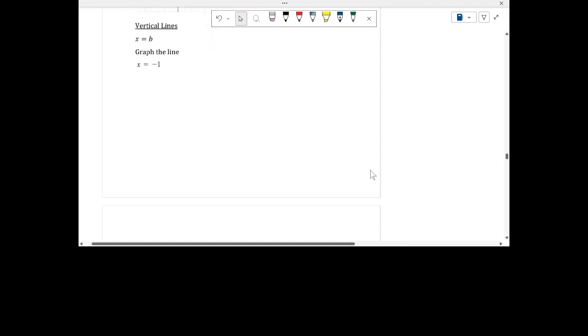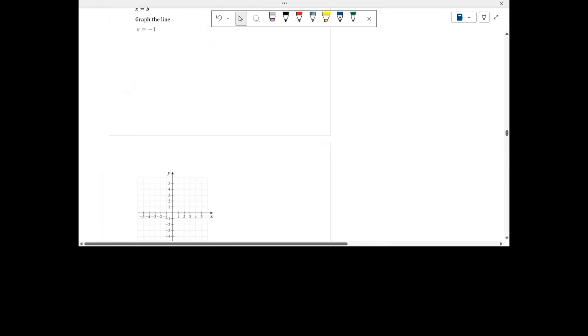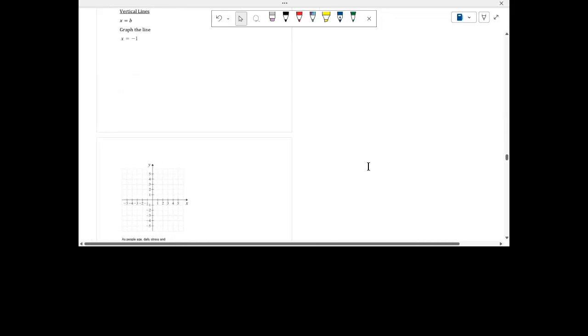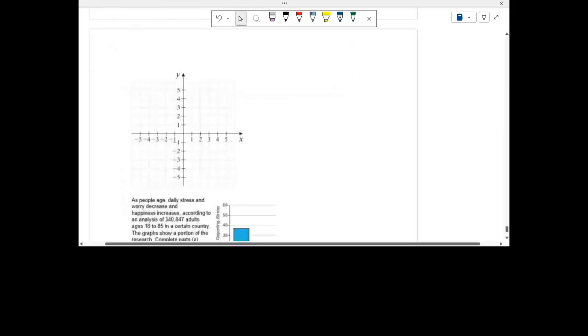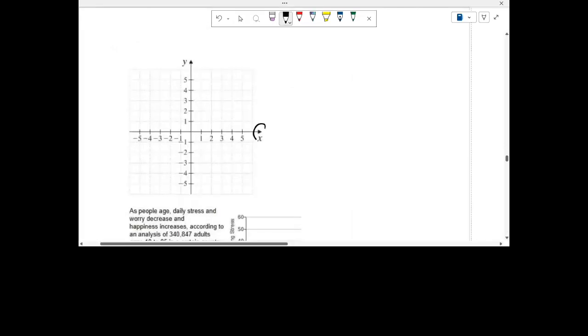It just says y equals and that number. Now, vertical lines, y'all, x equals -1. I know, sorry, there's a lot of space here. I didn't mean for it to be that way. But let's see if we can figure it out. X equals -1. Vertical lines, y'all, these lines go strictly up and down. I'm going to zoom in here so we can see a little bit better. Here's my x-axis. Look, y'all, here's x equals -1.